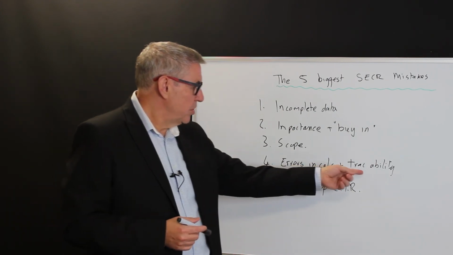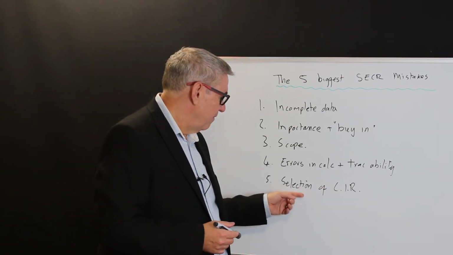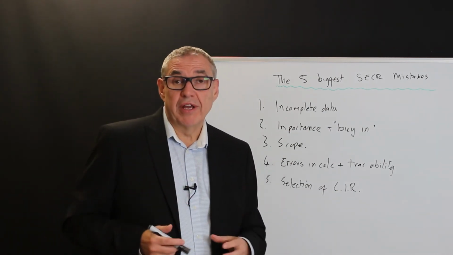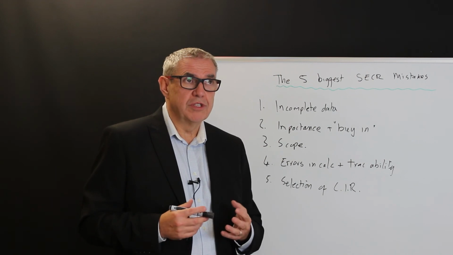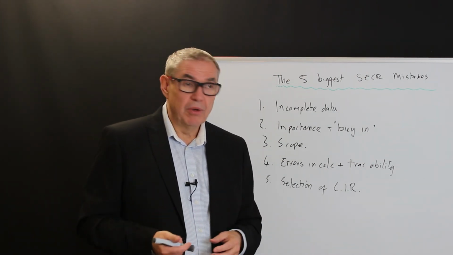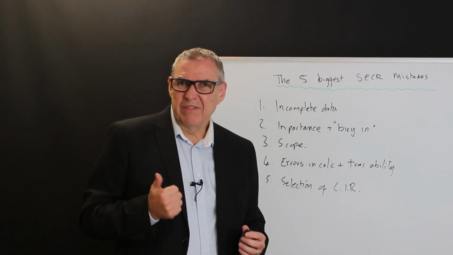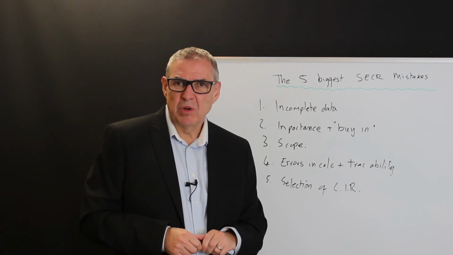Errors, and making sure you can trace them back, and you've got an audit trail to refer to. And finally, selecting the right carbon intensity ratio so that you've got something that's both useful to you, to try and help you save carbon, and yet it is not so complex that nobody either believes it or figures out how it's being worked out.